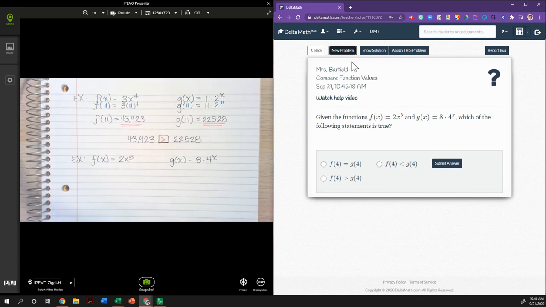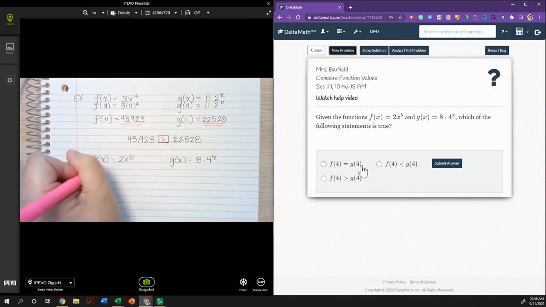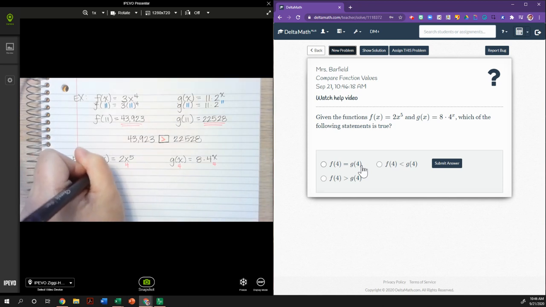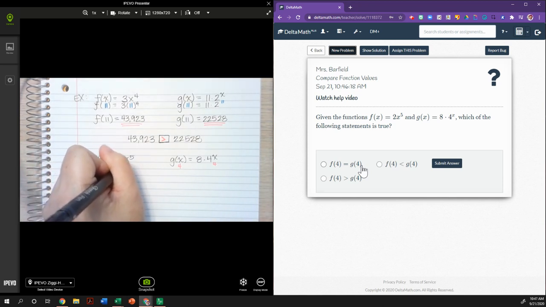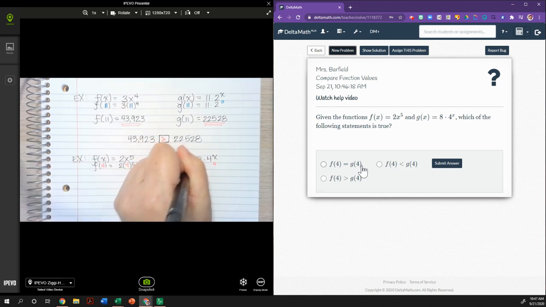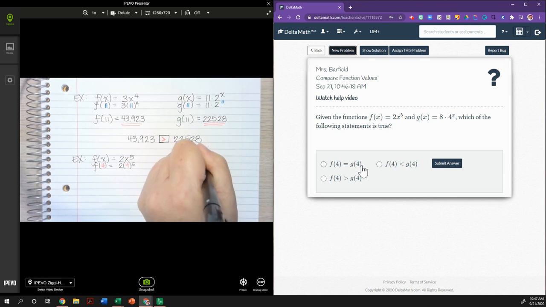And if I look in my answer choices, it's asking me what happens when x equals 4. Okay, so I'm going to replace x with 4, and this one's going to be an exponent here. Okay, so f of 4 equals 2 times 4 to the fifth. G of 4 equals 8 times 4 to the fourth power.